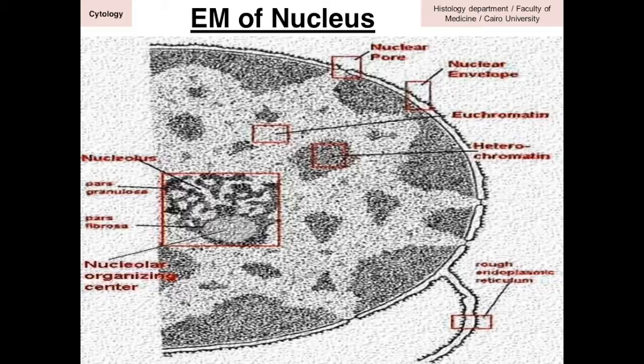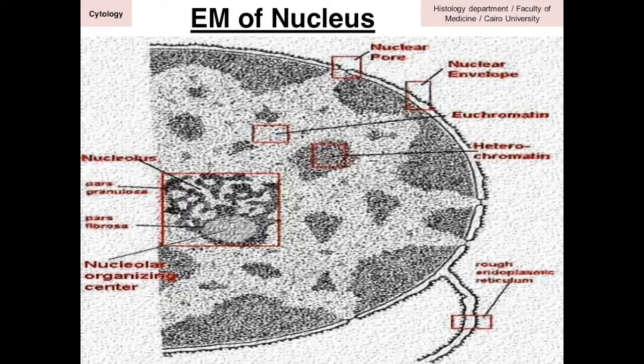This is an electron microscope picture demonstrating the structure of the nucleus. Here we have, first thing, the nuclear envelope, formed of an outer layer studded with the ribosomes, continuous with the rough endoplasmic reticulum. The inner layer, which is the fibrous layer, is related to the chromatin threads.